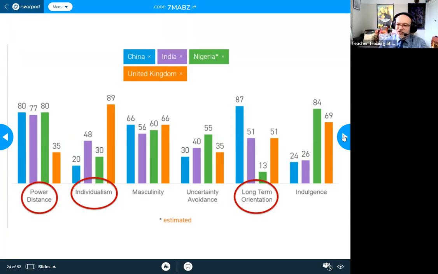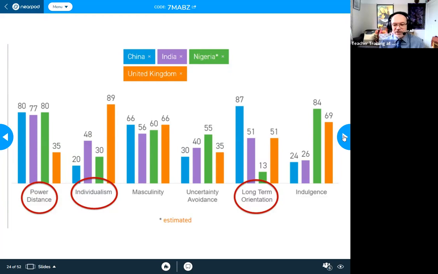So the first one that he was interested in is power distance. Power distance is the cultural distance between an individual and somebody in power. So perhaps, if you think about the relationship that you have with your manager in the UK, generally, there are exceptions, but very often managers are treated as colleagues, more so in some cultures than in others.